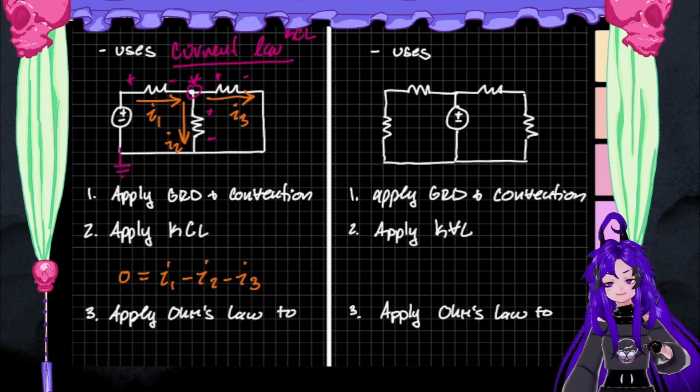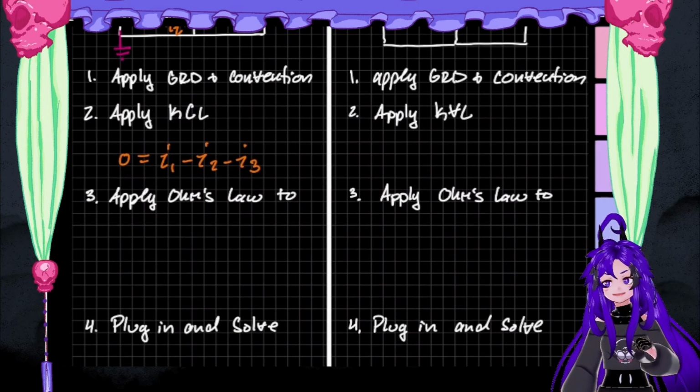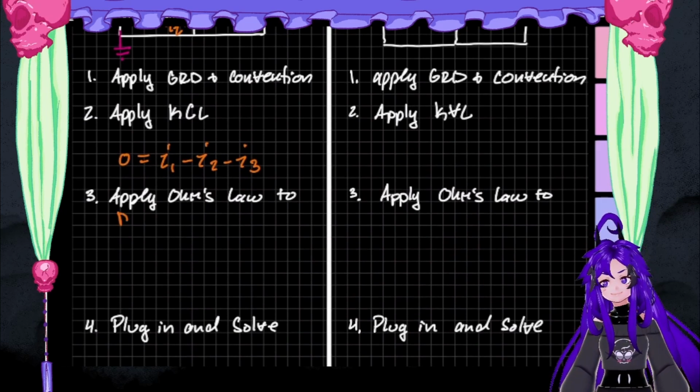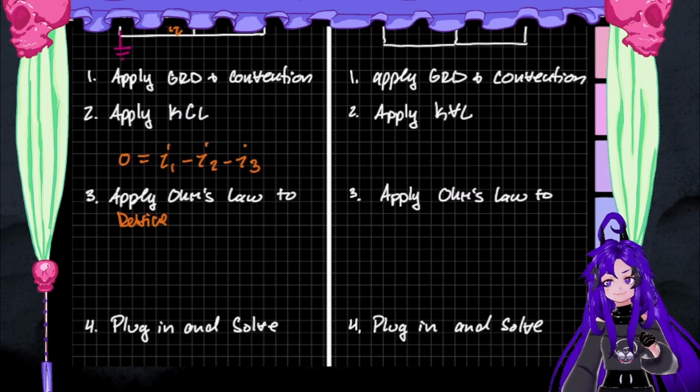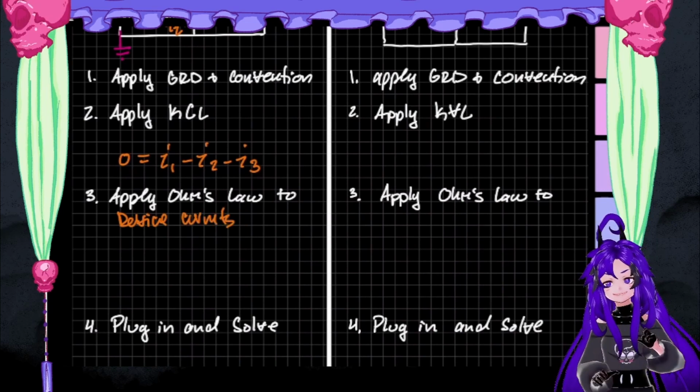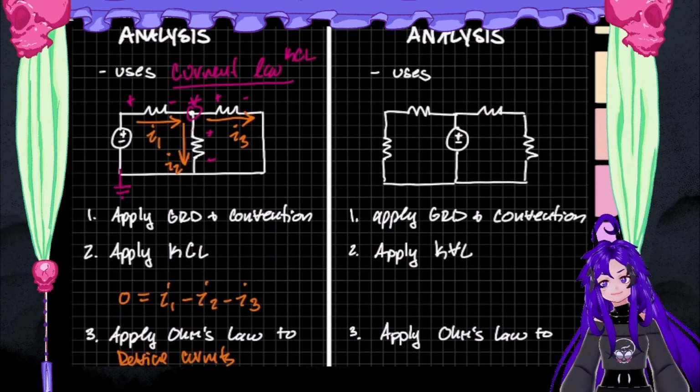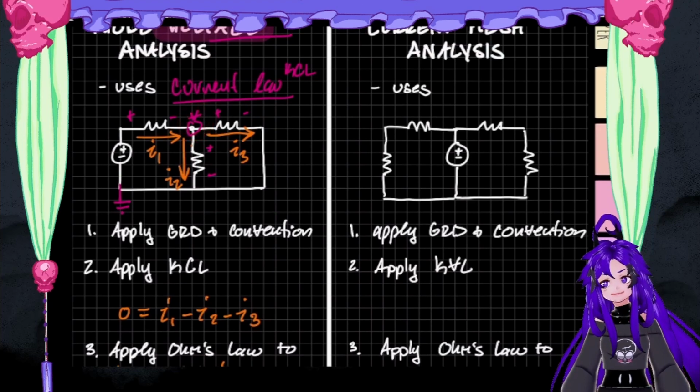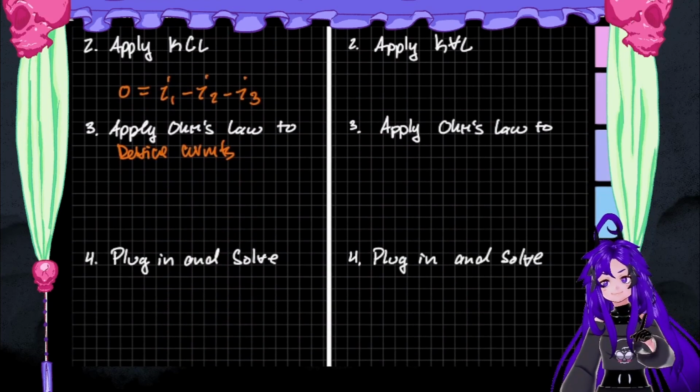Then we're going to apply Ohm's law to the device currents. We're going to find a term, a function of this V at this node, that is equal to these currents.